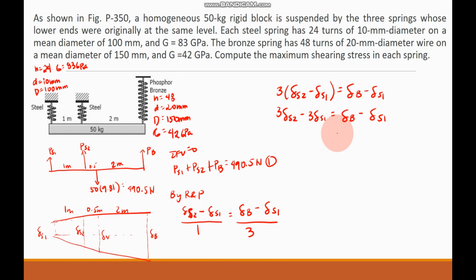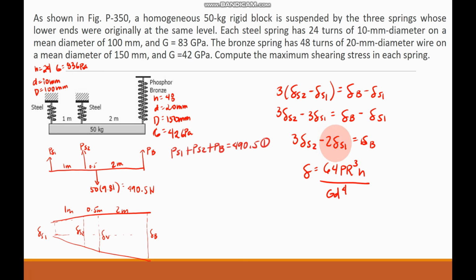So simplify natin. So magiging 3 deformation of steel 2 minus 2 deformation of steel 1 is equal to the deformation of the bronze, in which yung deformation natin is equal to 64 PR raised to 3 multiplied by N divided by G D raised to 4.